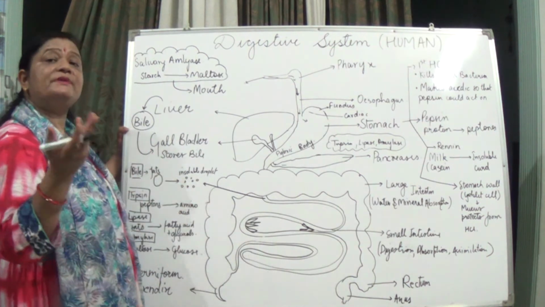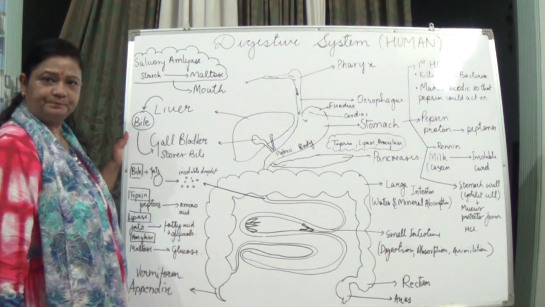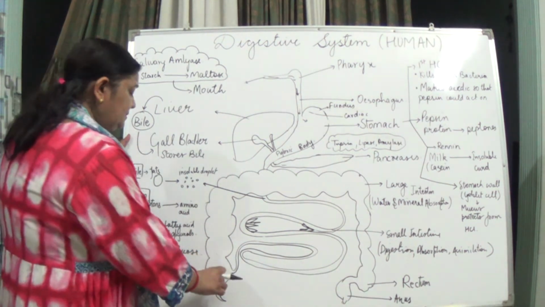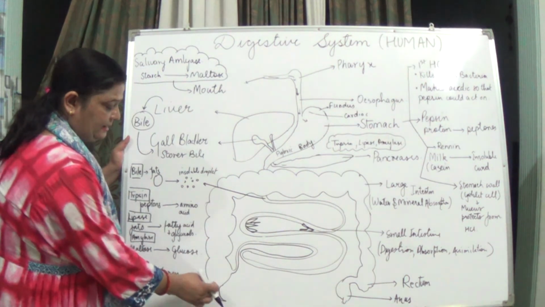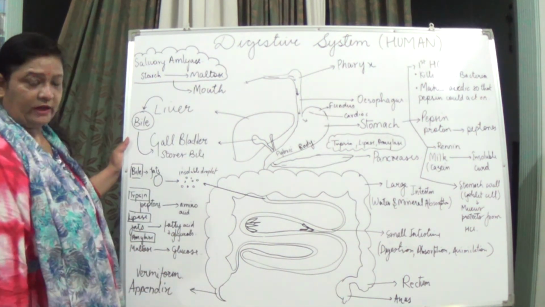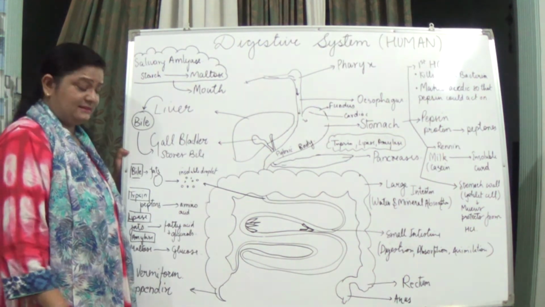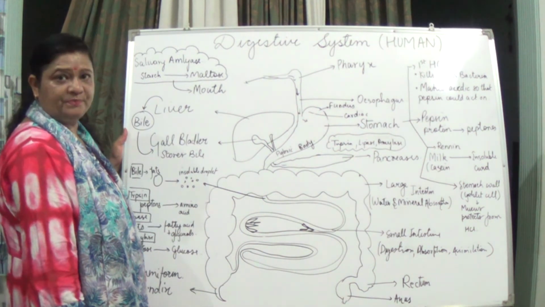Now what happens to the undigested food? It enters the large intestine. In the large intestine, at its apex, you see a pointed part that is known as the vermiform appendix. At present it is said to be vestigial in nature, but still the studies are going on.